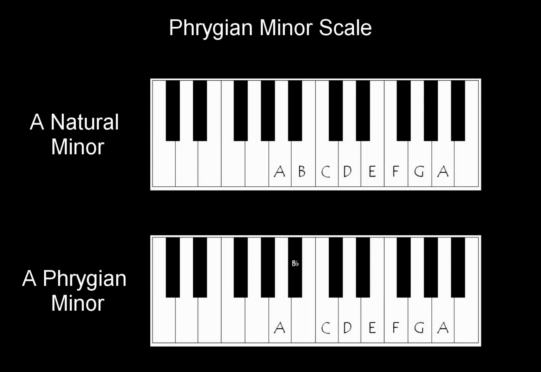The Phrygian minor is similar to the natural minor, but has a lowered second scale degree.